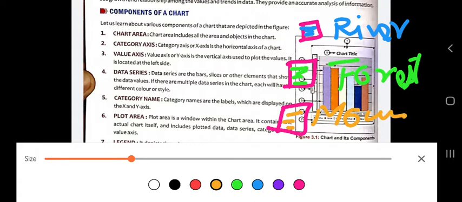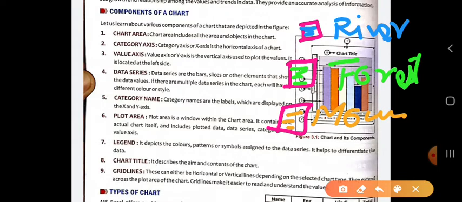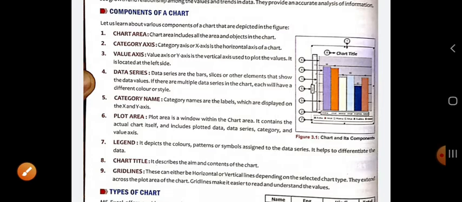So you are categorizing it by different colors and by different symbols, and these boxes are known as legend. Okay, keep in mind. It depicts the colors, patterns or symbols assigned to the data series. It helps to differentiate the data, and by creating legend we categorize for what particular color we have decided in this chart.